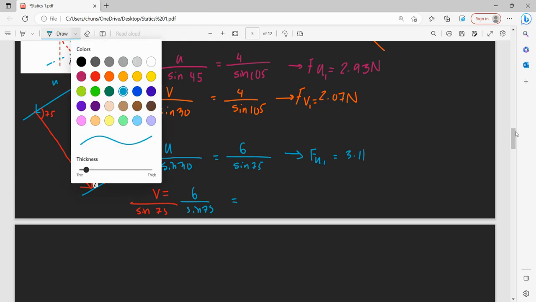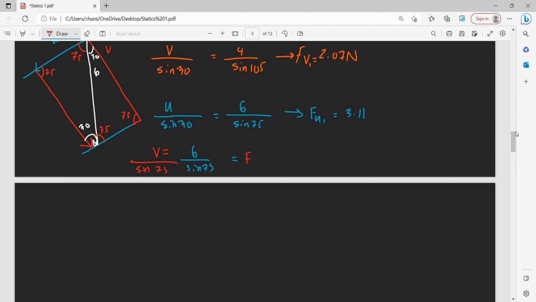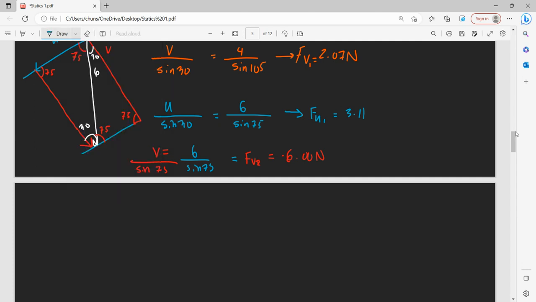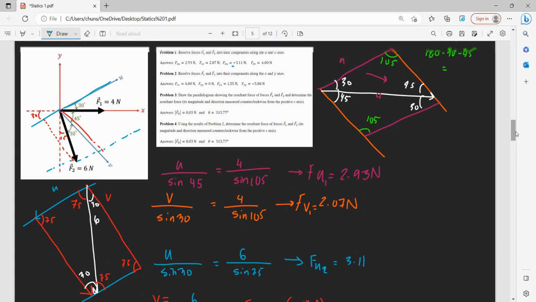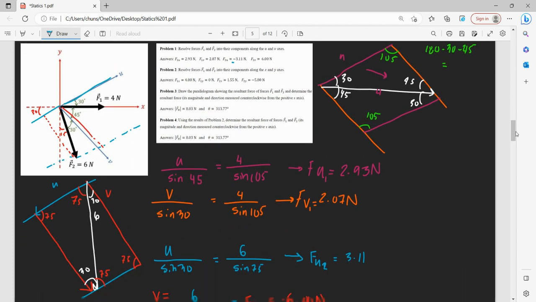And that's just going to equal 6 newtons. There we go. Okay, so that's step 1 done. And now we want to solve their x and y components.